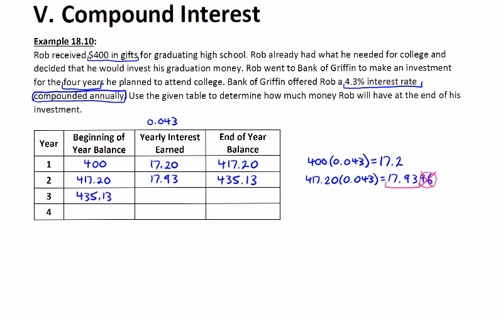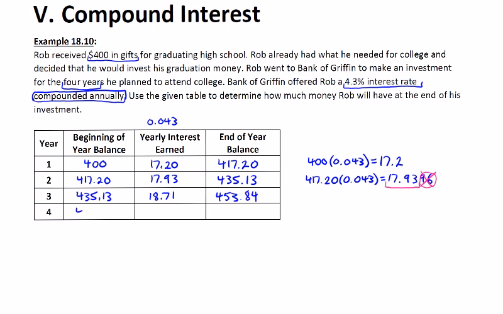435.13. Go ahead and multiply that by the interest rate, and make sure you drop any decimal places that are beyond the second decimal place. You should get $18.71 now. Add that to the 435.13 for an end of the third year balance of 453.84.